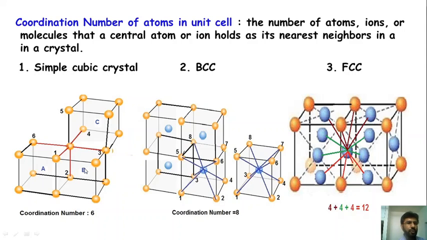Suppose we consider this is one of the unit cells, so along all these faces, suppose we consider this face, there is also a unit cell. On the upper face, there is also one unit cell. On the lower face, there is also one unit cell. That means there is the formation of a network or framework of unit cells.